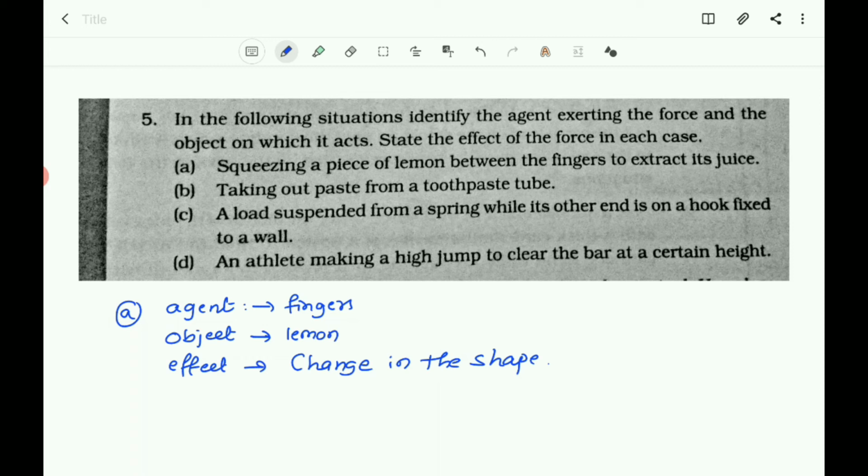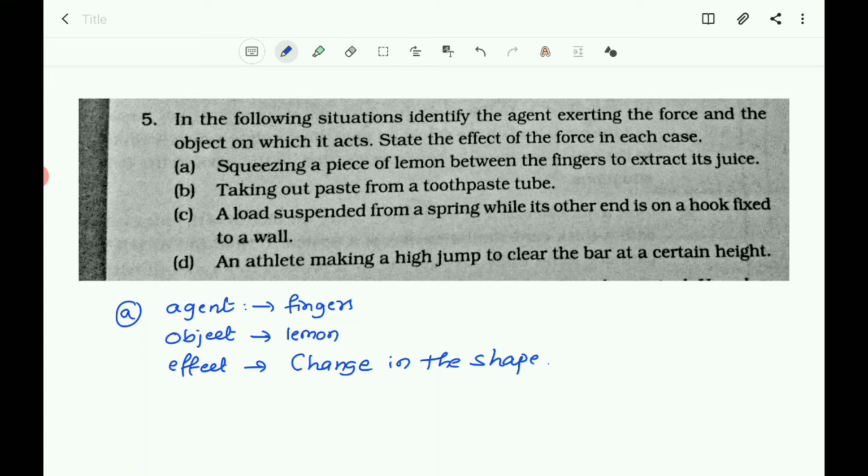Second, taking out paste from a toothpaste tube. Here again the fingers. Here the agents are fingers of the person, and the object is the toothpaste tube.